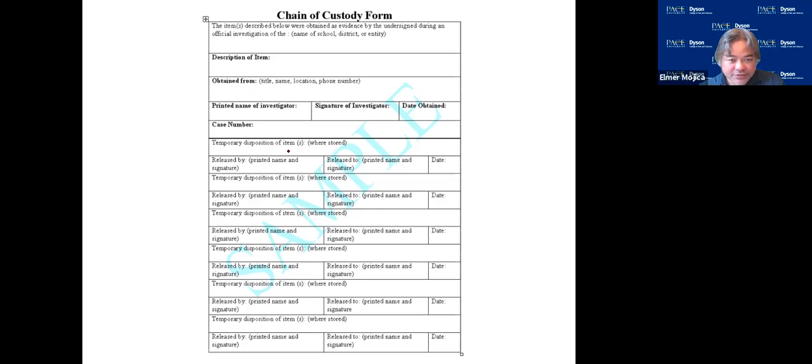And from that, you're going to see what happened to the sample that you have. In every step there: temporary disposition, release by, release to, temporary disposition, release by, release to.